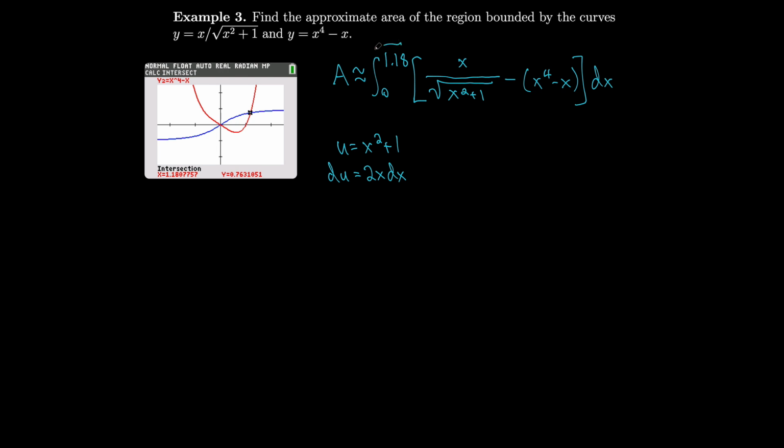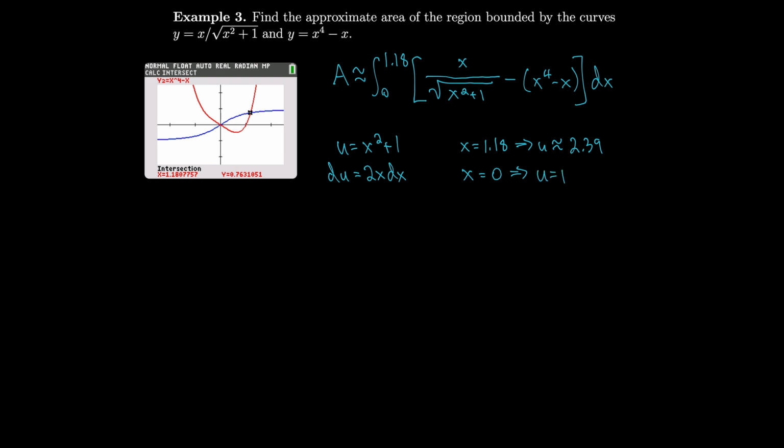We have another issue though. We've got limits over here that we have to substitute in. So if x is 1.18, then 1.18 squared plus 1 gives us a u value of approximately 2.39. If x is 0, that's just 0 squared plus 1, so then u is just 1.